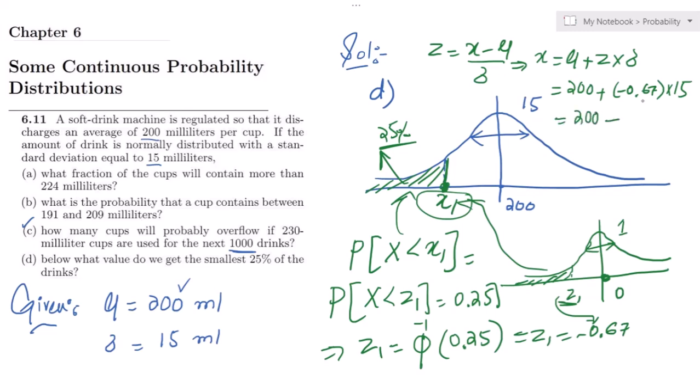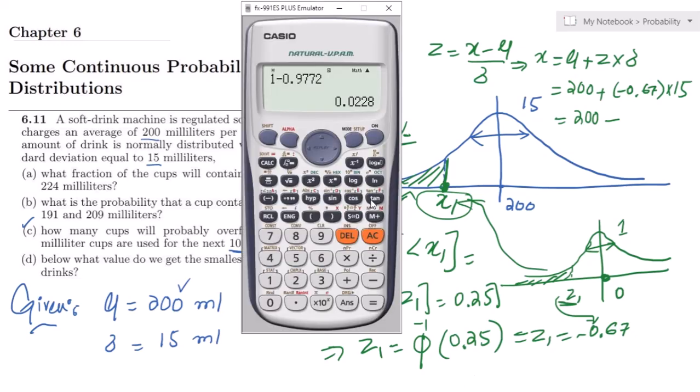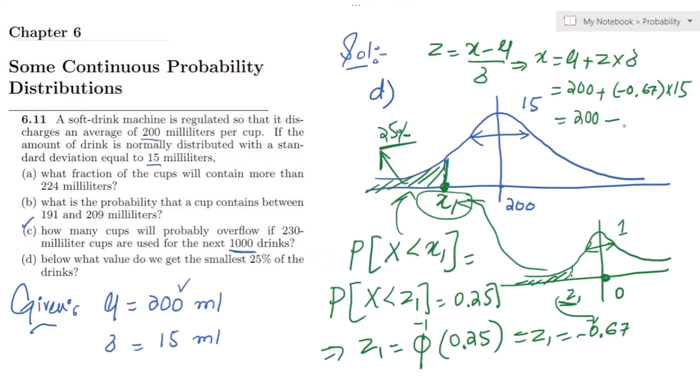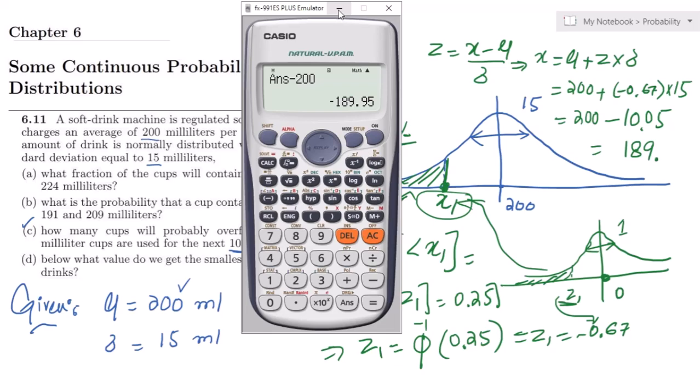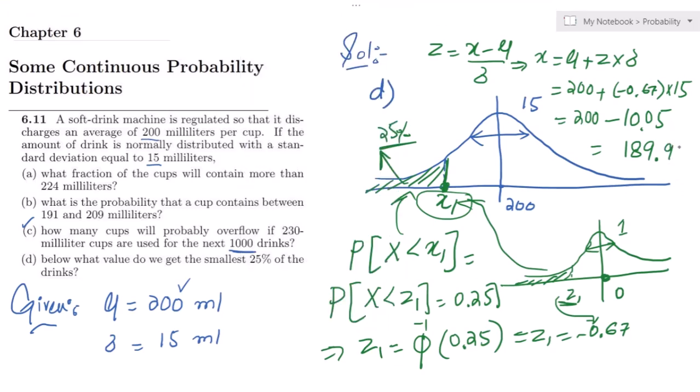So it would be 200 minus 0.67 multiplied by 15. 0.67 multiplied by 15 is 10.05, and subtracting it from 200 gives 189.95. That is basically the value which should be here, and that is the solution which we wanted to find.